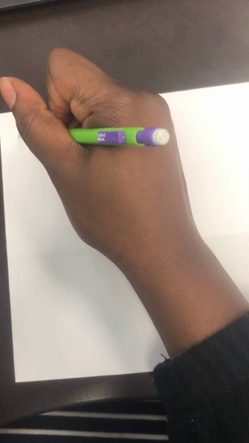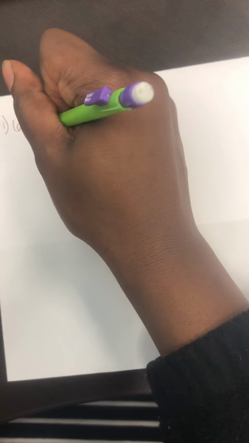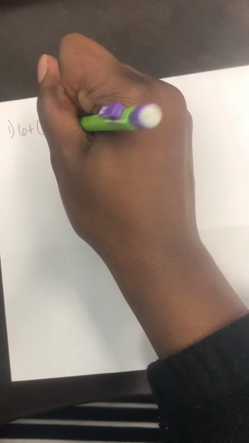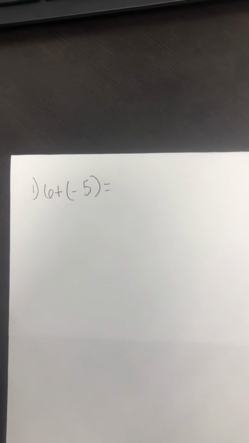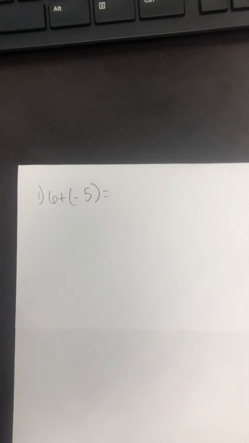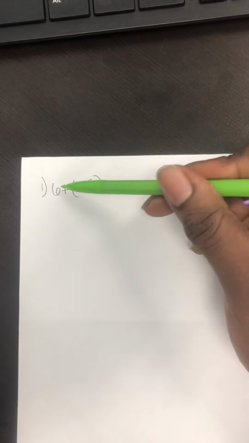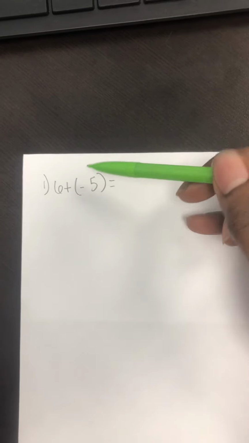So the first question is question number 1, and it says 6 plus negative 5. Whenever we are adding with integers, just like the pictures that I posted on Canvas say, when the signs are not the same, you have to look at each number.